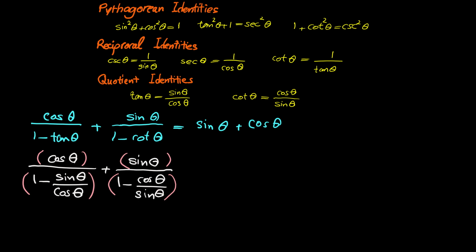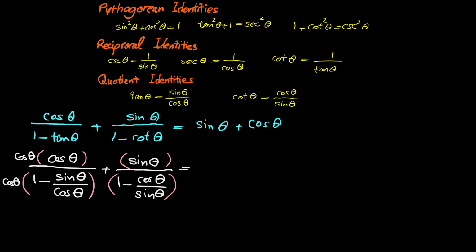To do that, we can multiply the numerator and denominator at the same time by a proper expression to help us eliminate the denominators. For the first fraction, we want to get rid of this cosine. What expression do we have to multiply the numerator and denominator by? Cosine, of course, because we want to get rid of cosine. So we multiply the numerator by cosine theta, and we multiply the denominator by cosine theta.